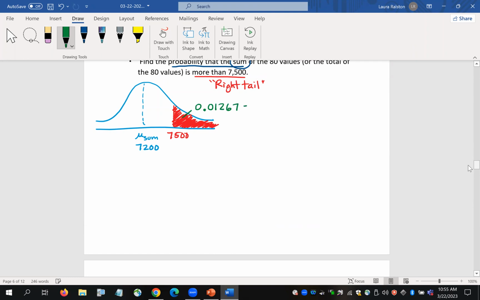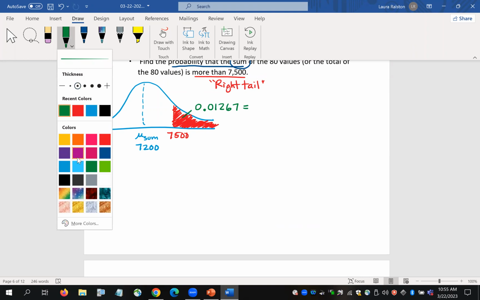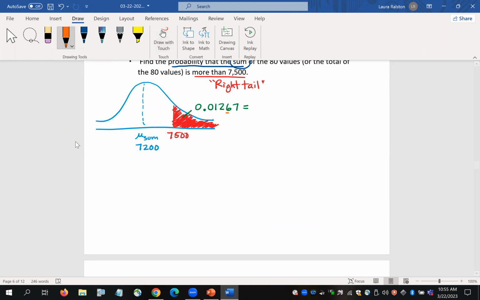Now, most times, guys, you're asked to round to 4 places. So if you were to round that value to 4 places, the 6 is in the 4th place. The 7 is next door, so it gets bumped up. So this would be 0.0127.